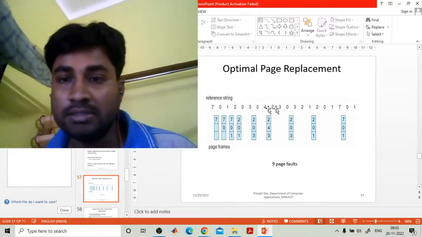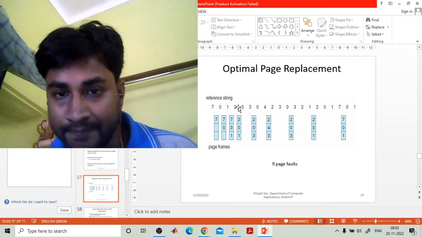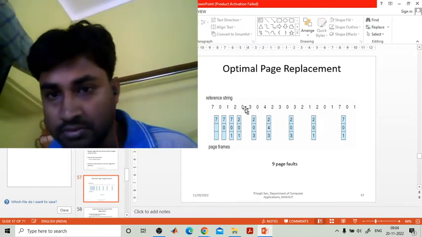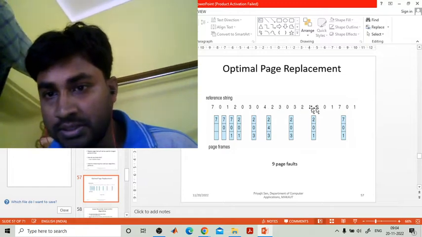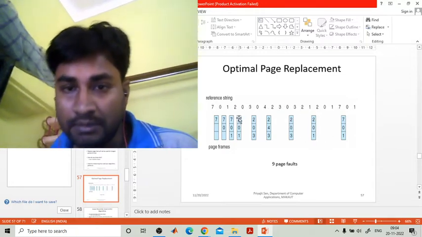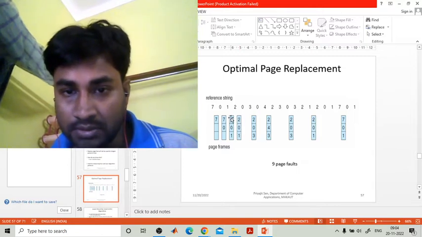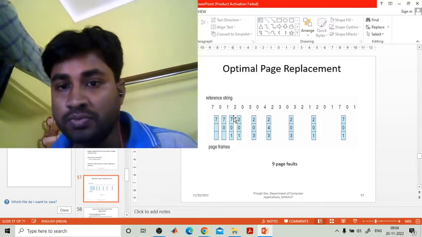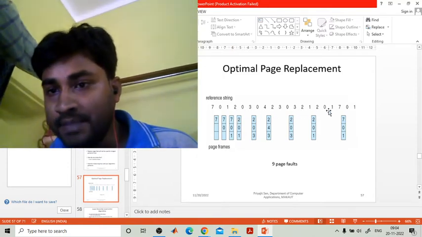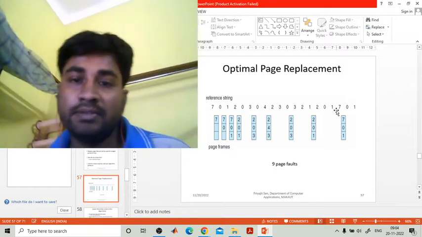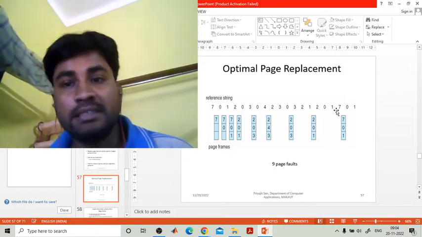After this 2 there are many pages, 0 3 0 4 2 3 and so on. Among the pages that are present here, 7 0 1, which page is the farthest one? Can you see that? 7. Yes, 7 is the farthest one.